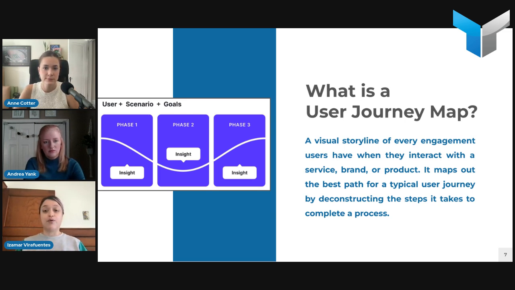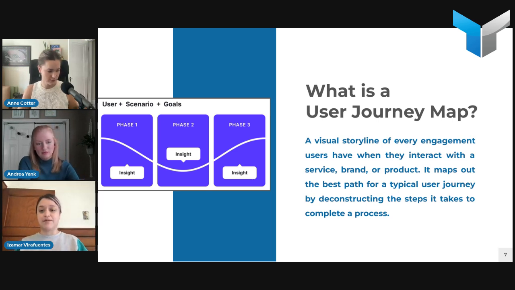It's very important because when you're in a company and you are very familiar with your product and your brand, there could be blind spots that you may not be aware of. So actually writing it down step by step really helps solidify that path for that specific user.